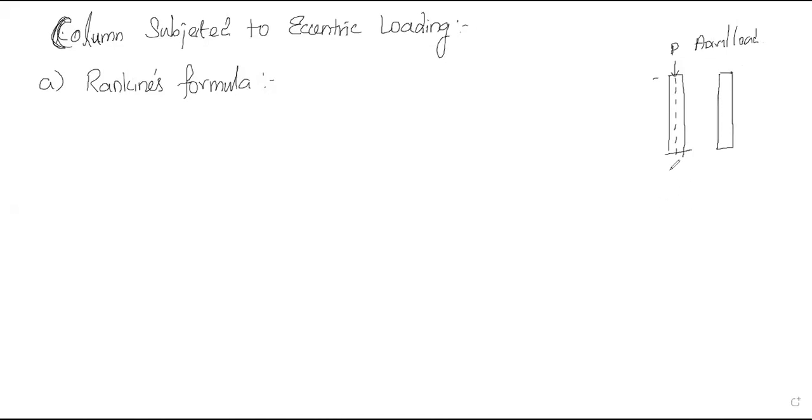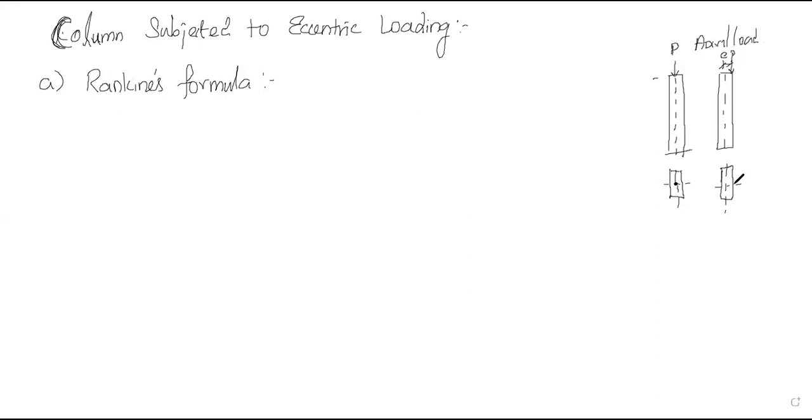Which means this is the cross section, if the load is acting here at the center line of the column, then the load is said to be axial load. But it may have some eccentricity, like the load is acting somewhere else. Now, this is nothing but eccentricity E.